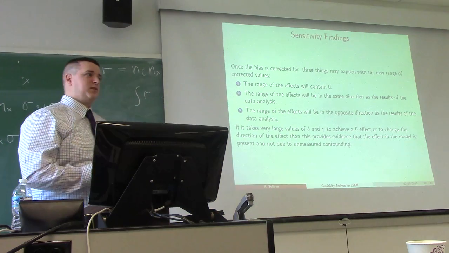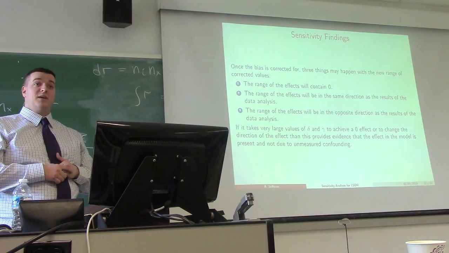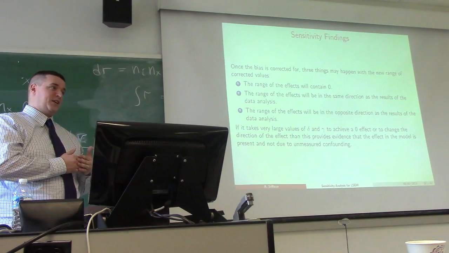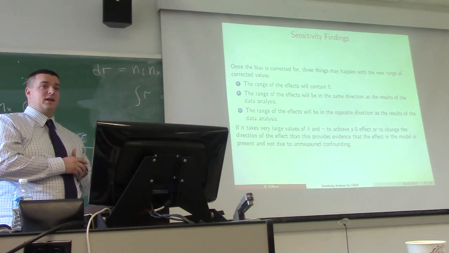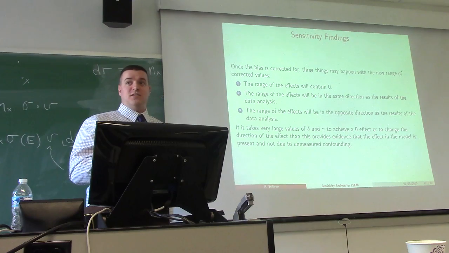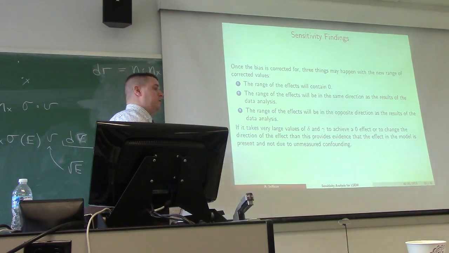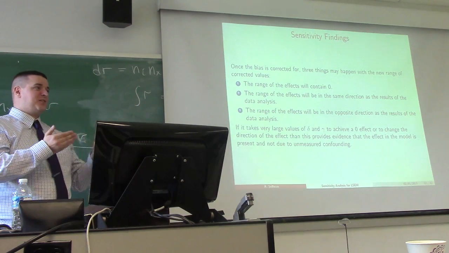When it changes to the opposite direction, that means that the bias possibly allowed you to see something as being a healthy result when it possibly was a negative result in actuality. So the bias was large enough to have changed the direction of something. It also could be the opposite: something you tell people is a negative thing to do, something they shouldn't be doing, when corrected for, you find out, no, I was wrong, that's actually healthy, that's actually positive for you.